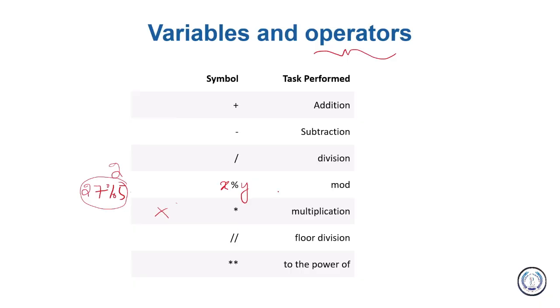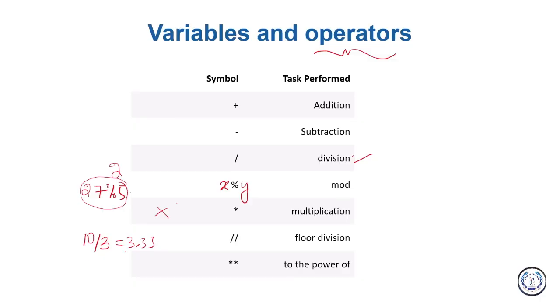This double slash is like division, but it is division with the result floored to the quotient. What I'm saying is the following. For example, if you divide 10 by 3, the result will be a floating point number, 3.33 something like so.